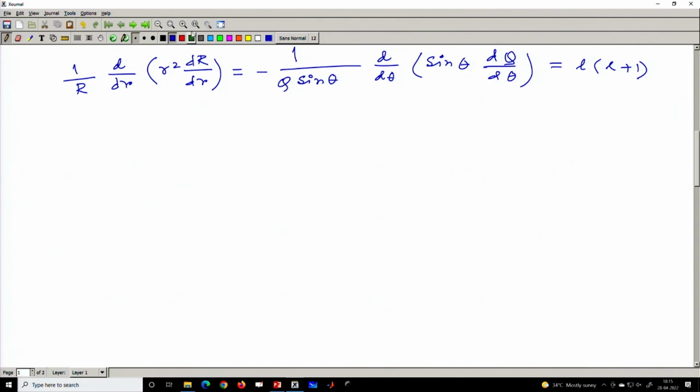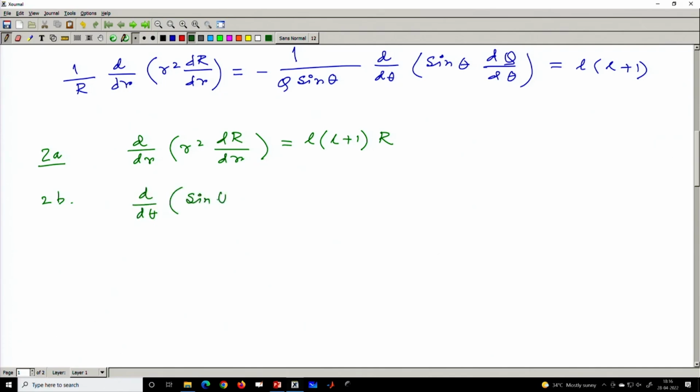So from this I can have equation 2a, d dr of r square dR dr is equal to L into L plus 1 R, and equation 2b, d d theta of sin theta dQ d theta, plus, making a minus sign and putting it this side, L into L plus 1 sin theta Q, is equal to 0.